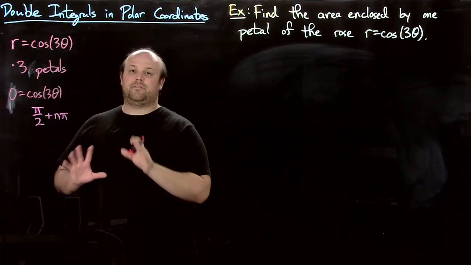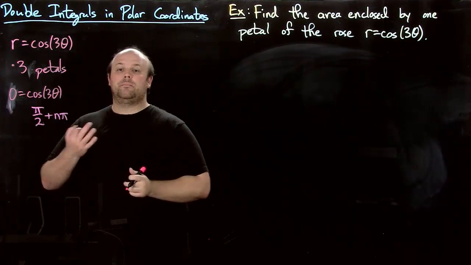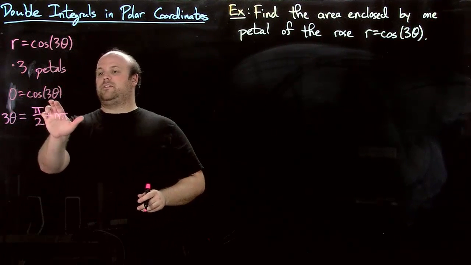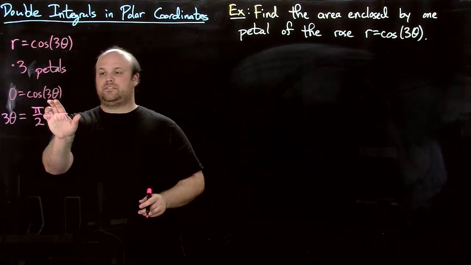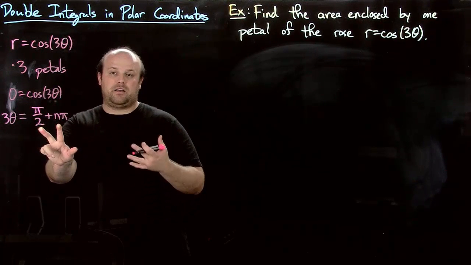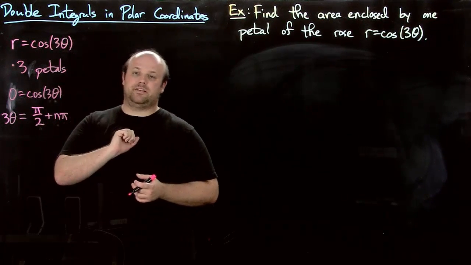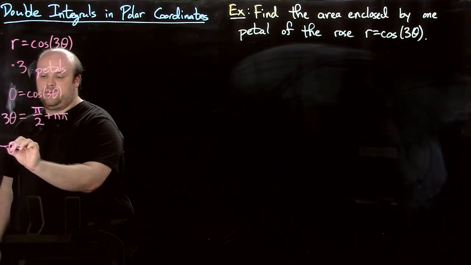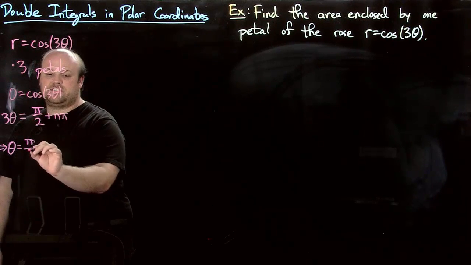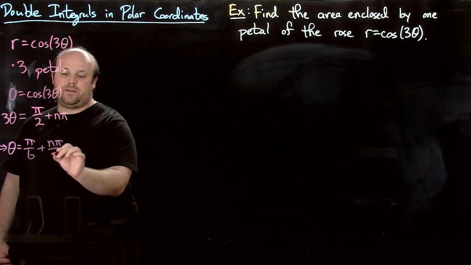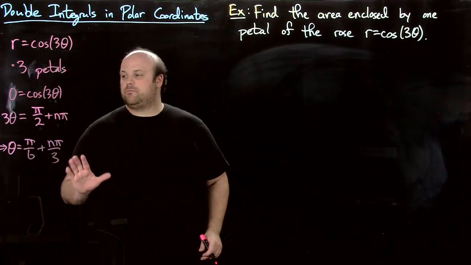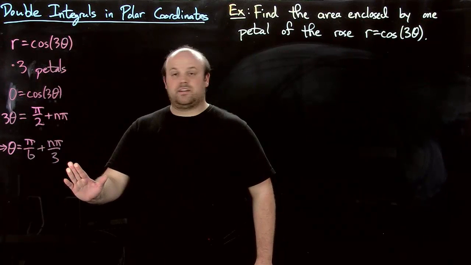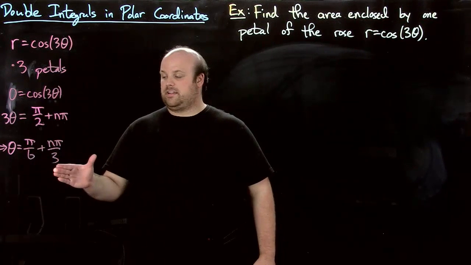That's when cosine of regular theta is 0, but now it's 3 theta. So it's cosine of whatever's inside, so whatever's inside has to be pi over 2 plus n pi. So 3 theta has to be that, and then that tells us that theta is pi over 6 plus n pi over 3. So cosine of 3 theta is 0 at these theta values.